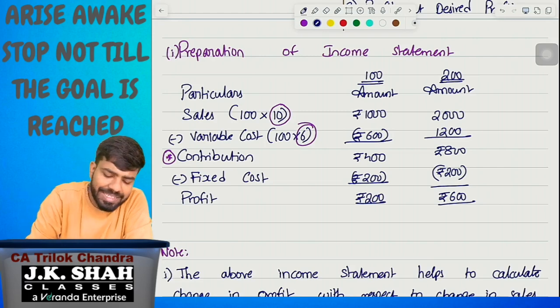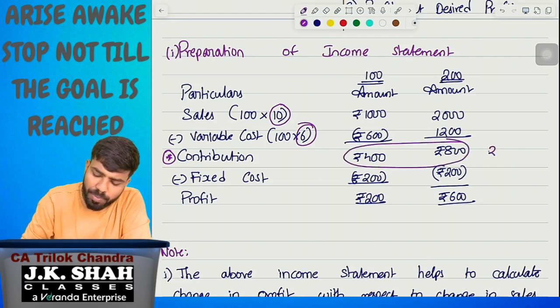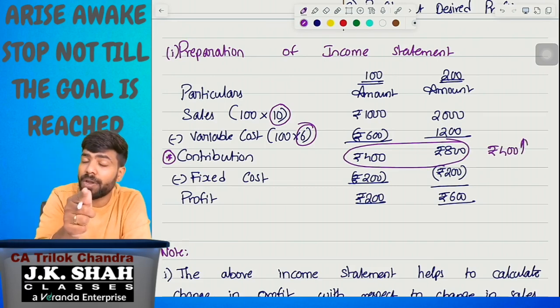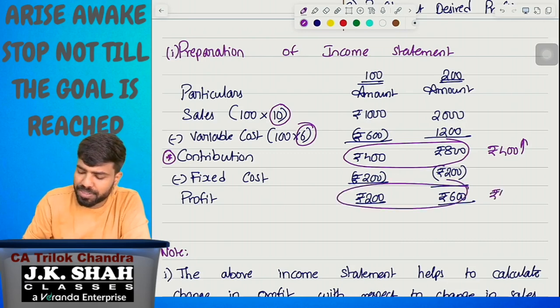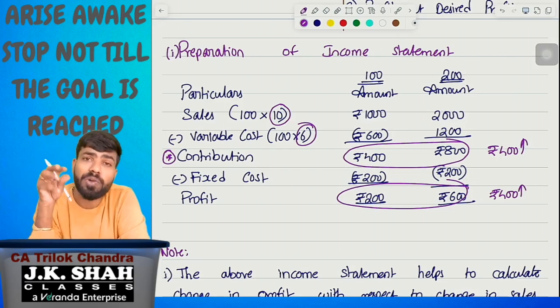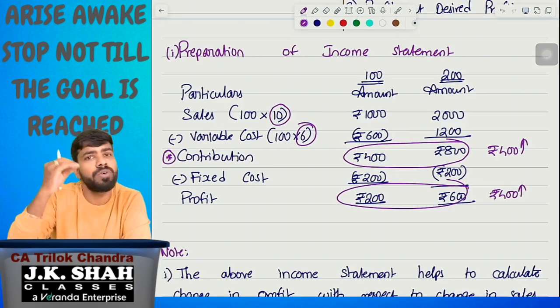Here, what you need to understand is that the contribution has increased by 400 rupees. And if you observe properly, there is an increase in profit also of 400 rupees. So what I conclude here is that change in contribution is always equal to change in profit.